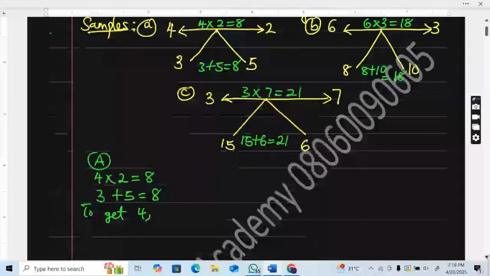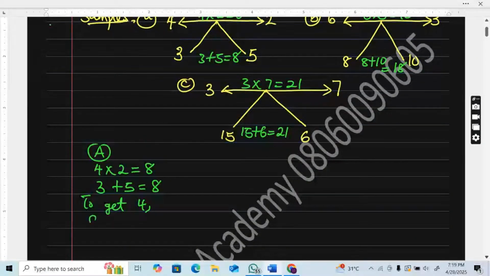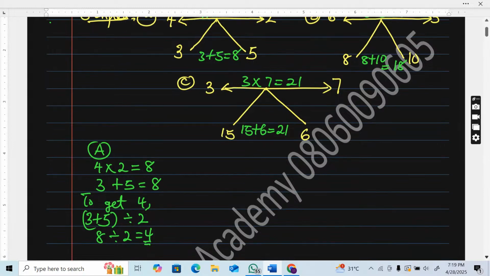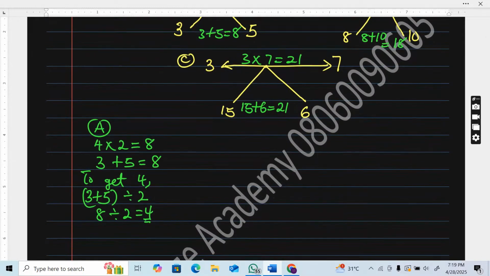To get 4, that will be 3 plus 5 that is below, divided by 2. Please pardon my errors. So 3 plus 5 is 8, and 8 divided by 2 will give us 4. That is how to figure out 4. And that's how you're going to figure out any of the numbers above. What if we want to get 3 or 5 that is below?